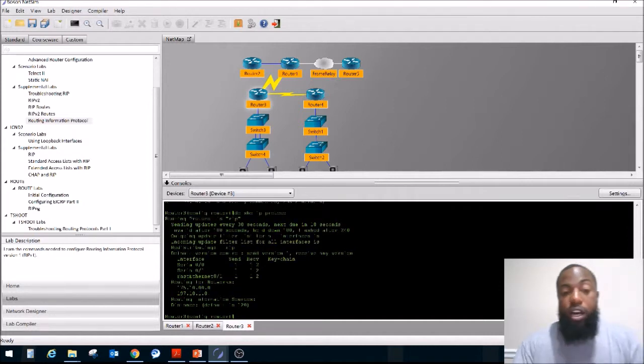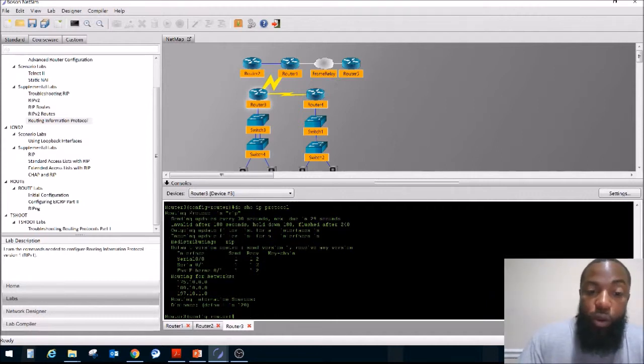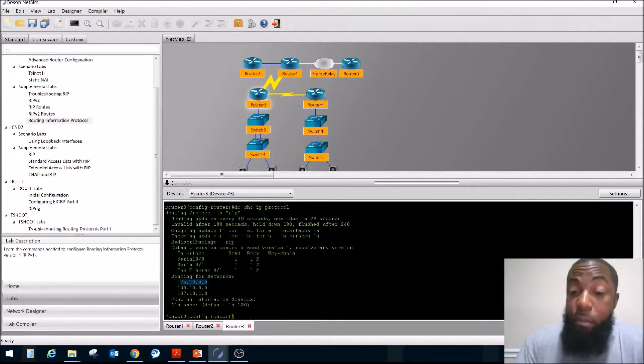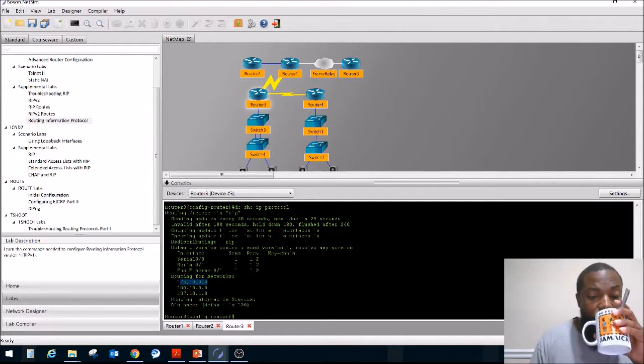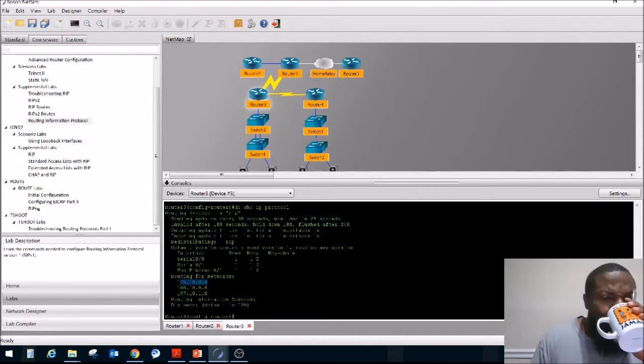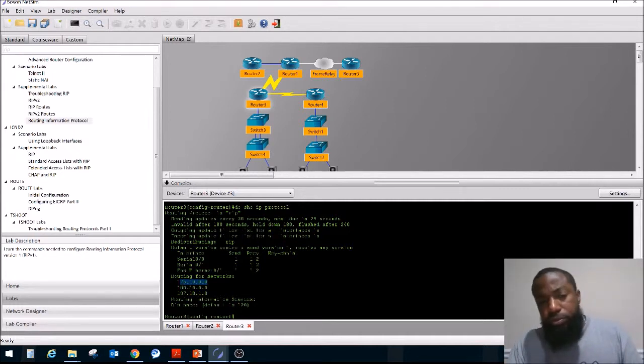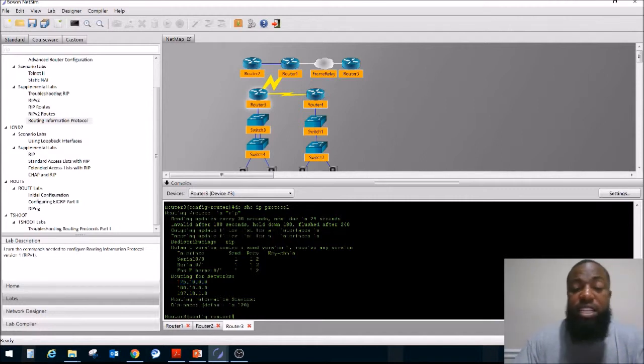Let's do show IP protocols again. That is what RIP does. It may or may not be a good thing. For the most part, you don't really want to auto summarize because you're going to be working with subnets. So we didn't want that to happen, but they did that on purpose, so that way you can see the difference between RIP version 1 and RIP version 2.